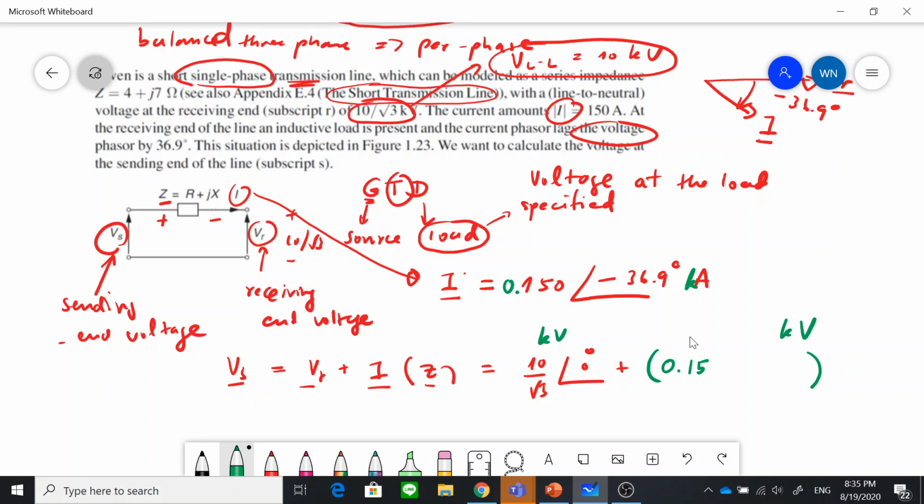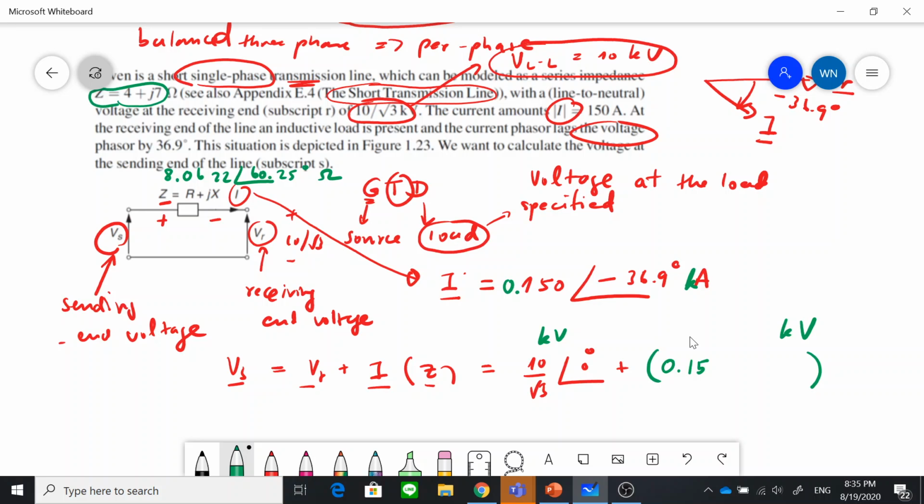So you can put it this way: 0.15 kiloamps times the Z, which is given as 4 plus J7. This is given in terms of rectangular or Cartesian coordinates, so you could re-express it in polar form. In polar form, that is 8.0622, with the angle of 60.25.